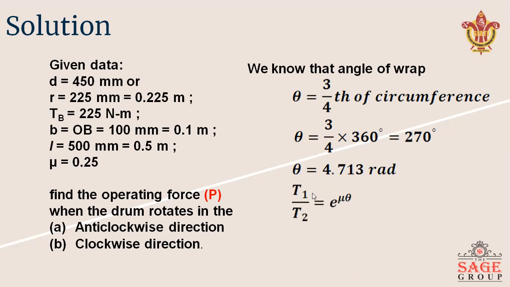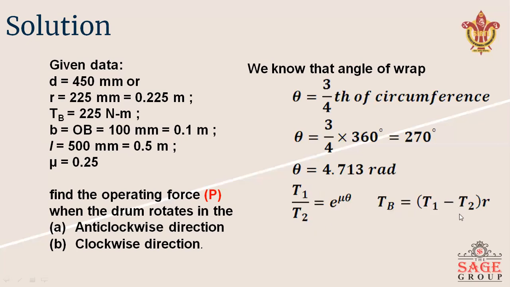And we know that T1 upon T2 is equal to e raised to the power mu theta. That means the tension ratio of the belt. And also we know that the braking torque TB is equal to (T1 minus T2) into R. We have already derived these two formulae previously. By solving these two equations, we will have the values of T1 and T2, because we have only two unknowns, T1 and T2. We have the values of mu and theta, so we will have equation 1 in terms of T1 and T2.